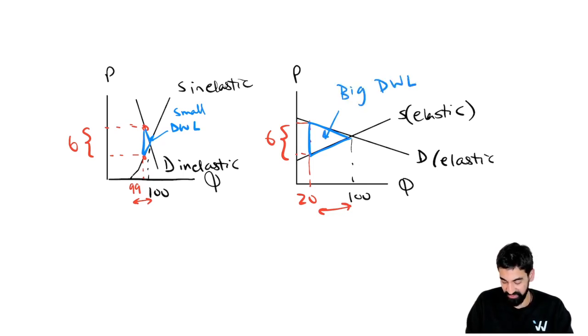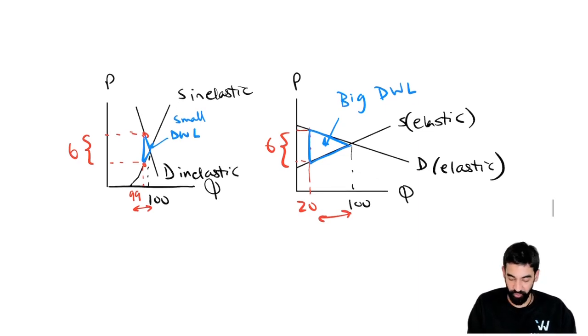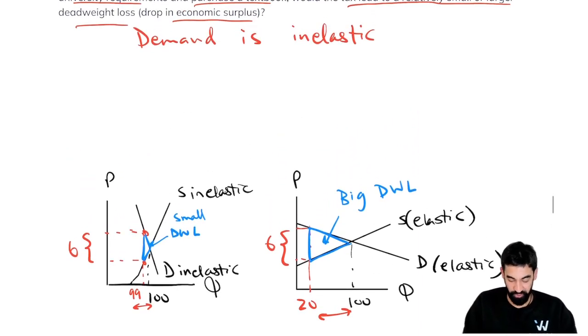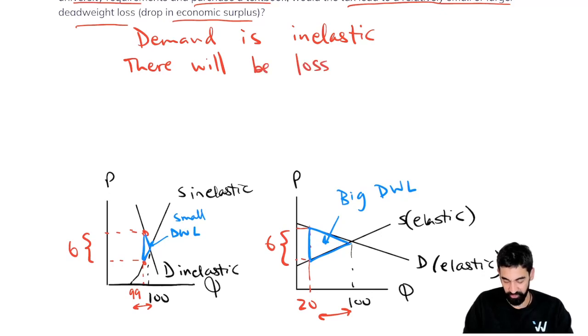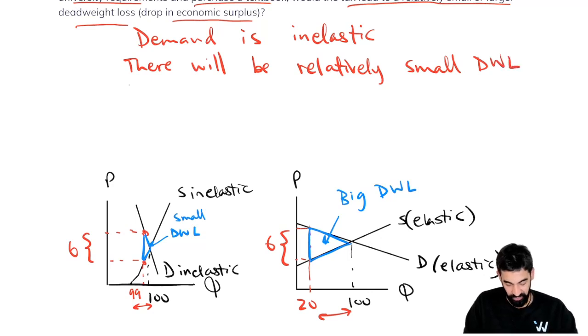That's just for you guys to see where I'm going with the answer. Now you could put that in words. You could say there will be a relatively small deadweight loss, or small drop in economic surplus, because quantity will only fall by a little bit when demand is inelastic.